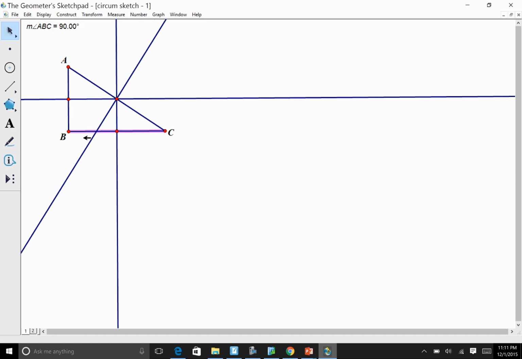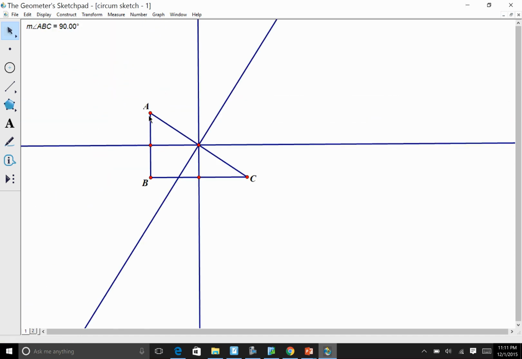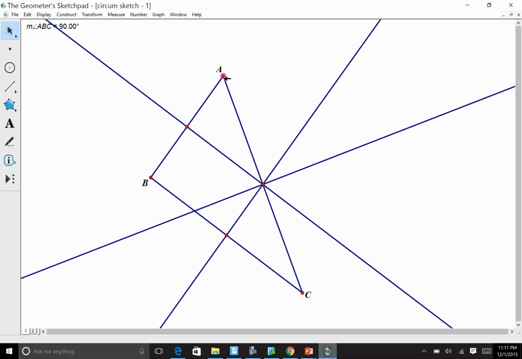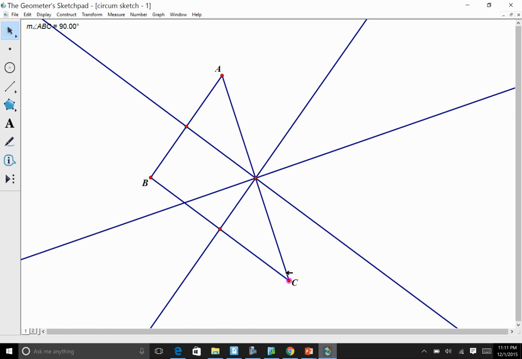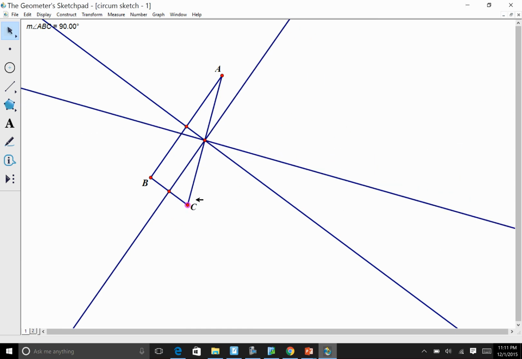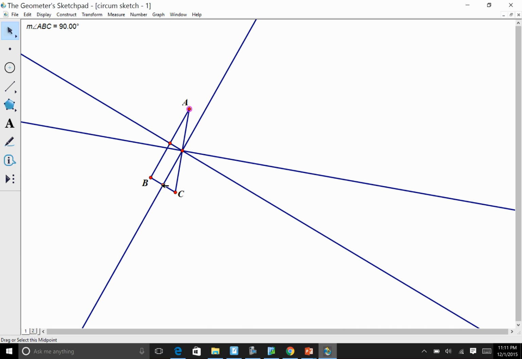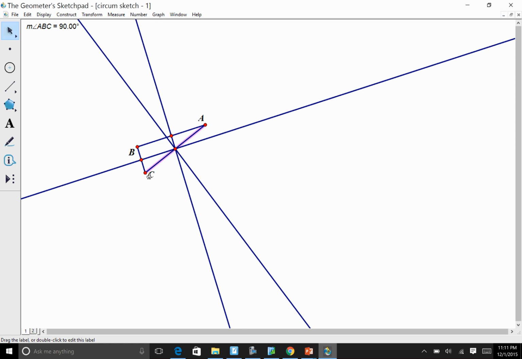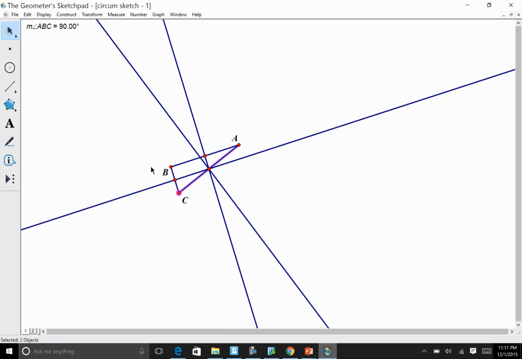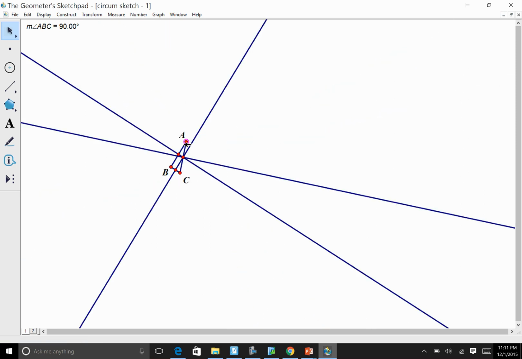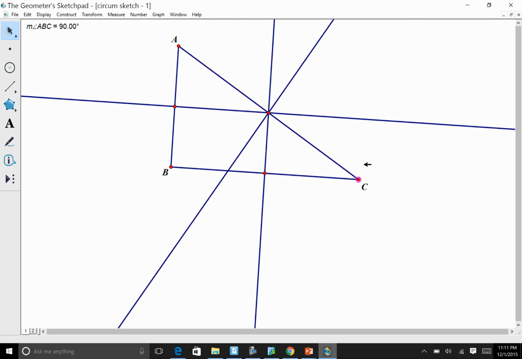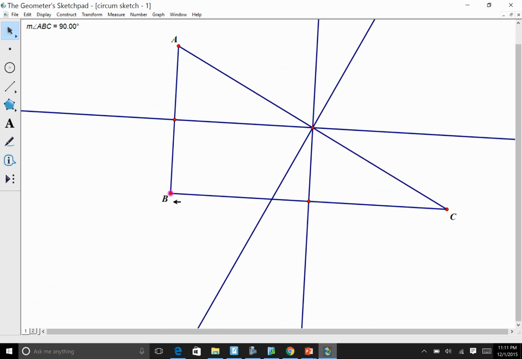If I move it around, okay, I've still got a right triangle. I've changed sides, I've changed ratios, I've done all kinds of things, and that circumcenter is on one of the sides. Looks like it is always on the hypotenuse. Let me drag some more. So yeah, at this point, it's always on the hypotenuse.